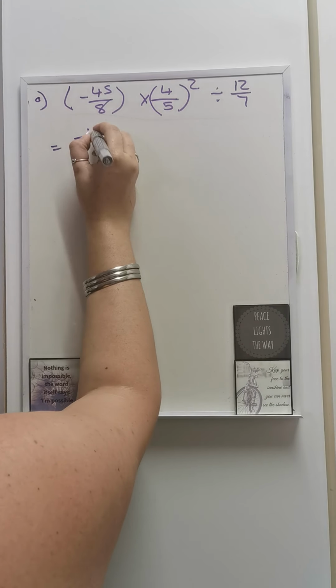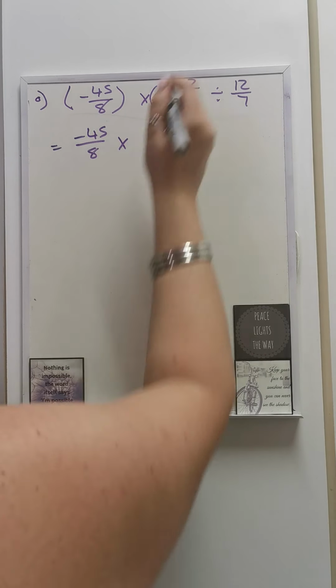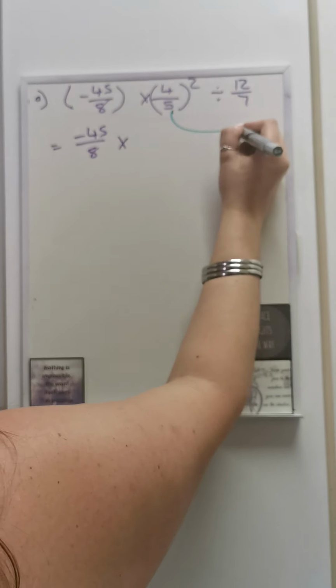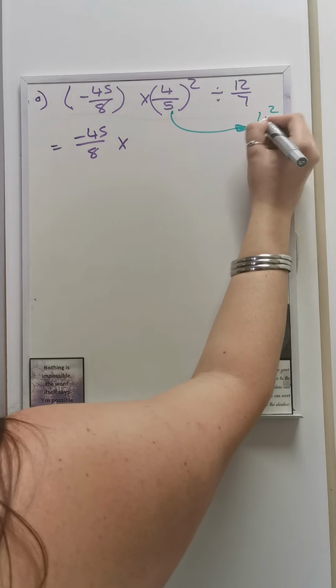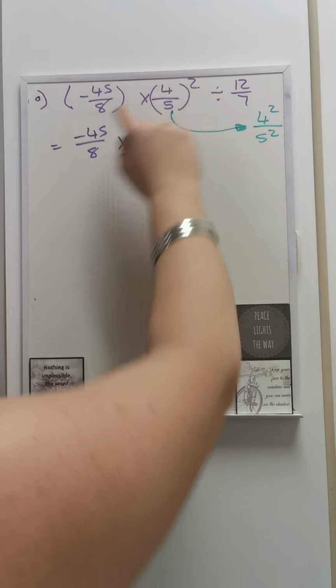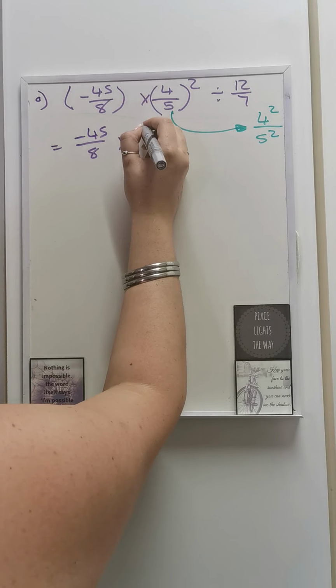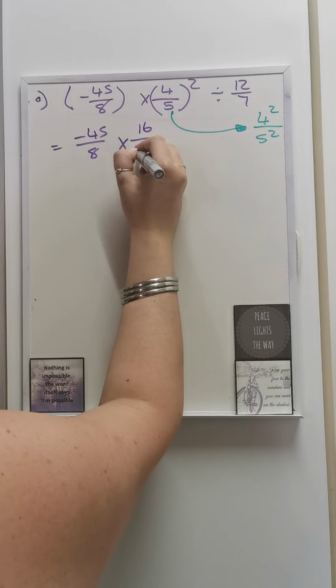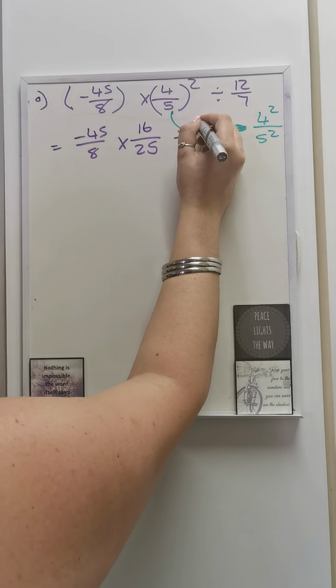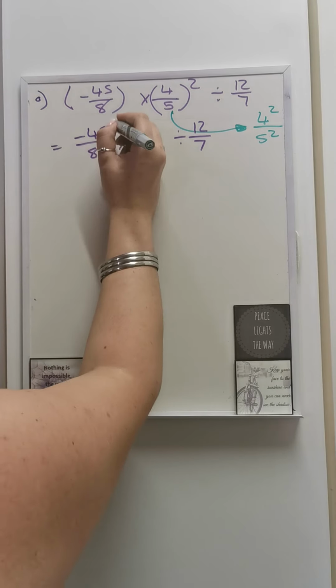So I'm going to have negative 45 over 8 times 4 to the power of 2 over 5 to the power of 2. So this power of 2 is applying for both of them. So 4 squared gives you 16, 5 squared gives you 25, divided by 12 over 7. And now it's the same as all the other sums that we've done.